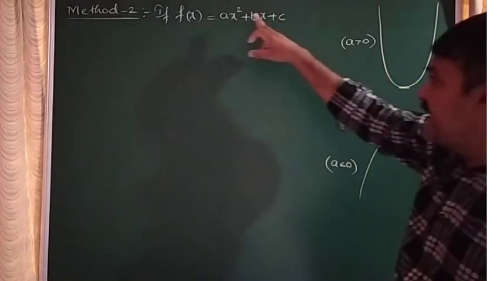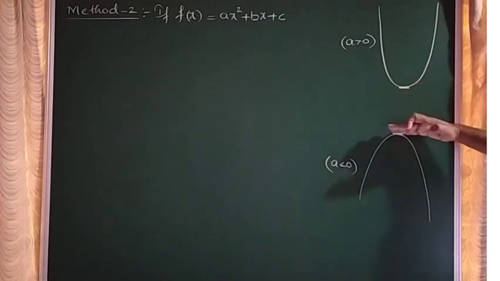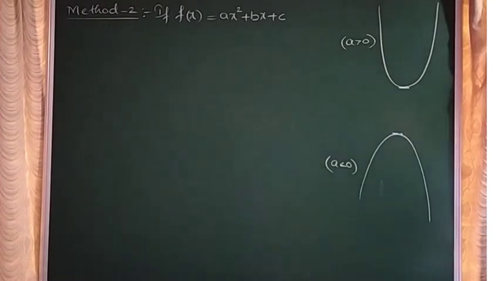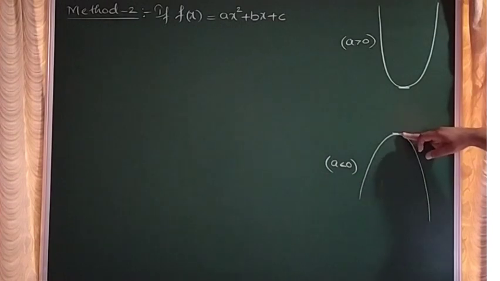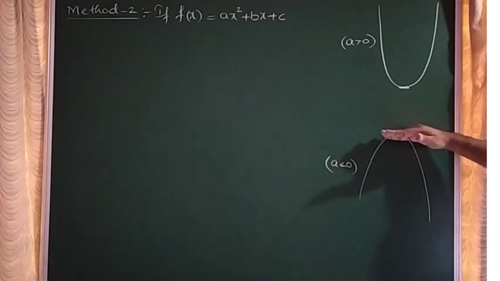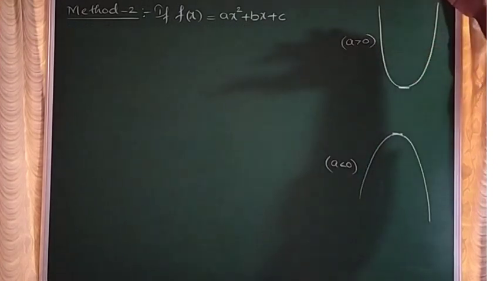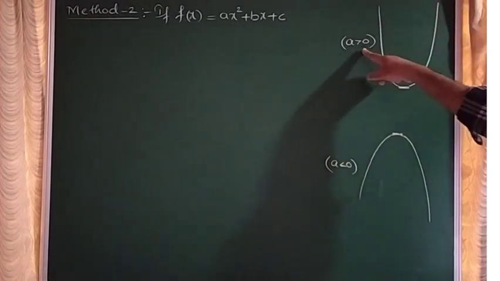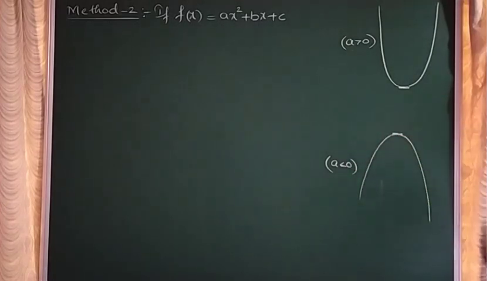When a is negative, less than 0, the maximum value of f of x will be obtained here. There is no minimum value because the graph continuously goes down, but this is the maximum value. When a is positive, at this point you get the least value, but since the graph extends upwards continuously, there is no maximum value, only minimum.